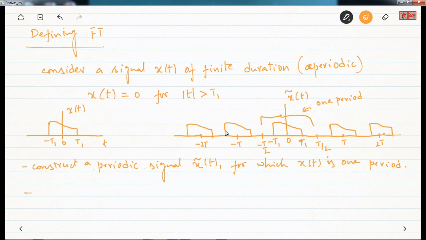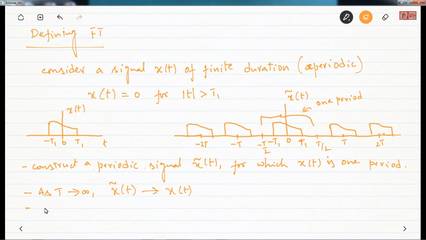Now this is your periodic signal, and as the period goes to infinity, x tilde of t becomes x of t. If I make T very large, the other copies of the signal go far away, and if I make T almost infinity, it becomes x of t.